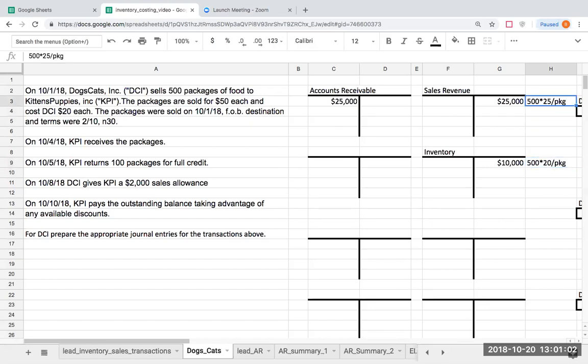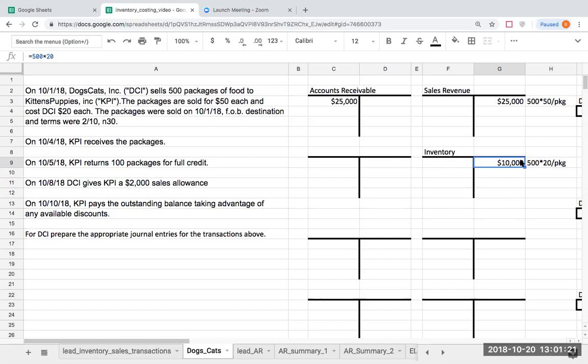I'm just realizing right now this should be 500 at 50. I usually have students with me to yell at me when I've made mistakes, so I'll have to make my own corrections today. So we have 500 packages at $20 each. That's what the inventory cost us.